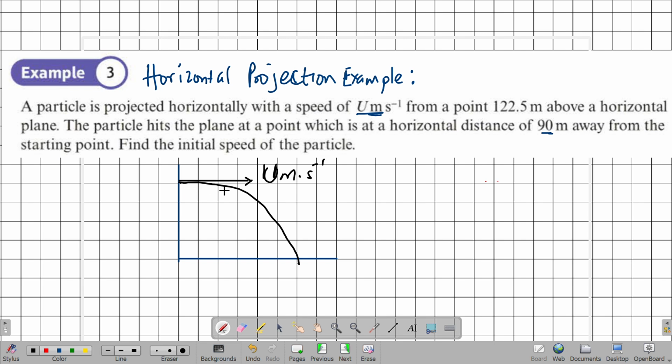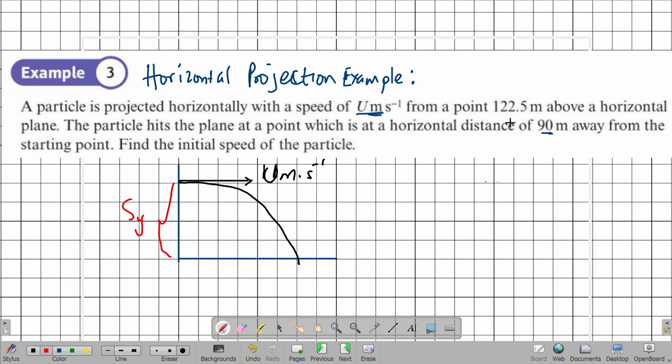However, as it is going horizontally, it will get to the point where it will start to descend due to the force of gravity. So it will also have what we call a vertical displacement, which in this case I'm choosing to call S of y.